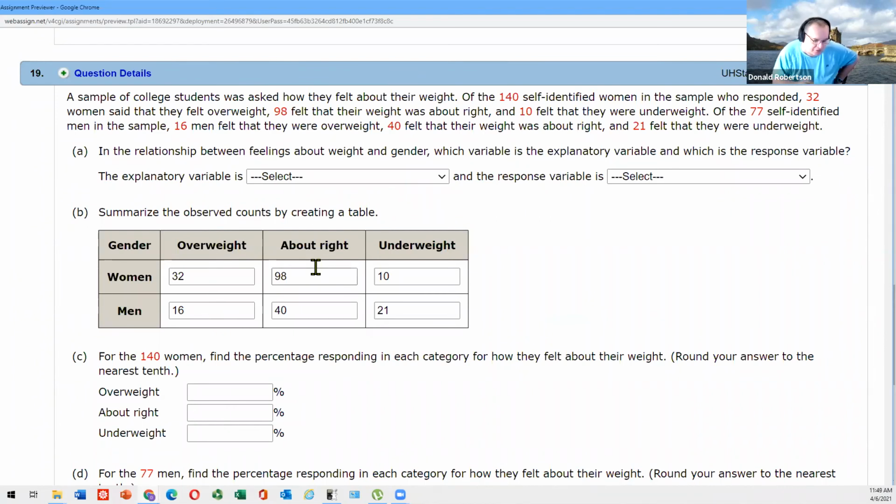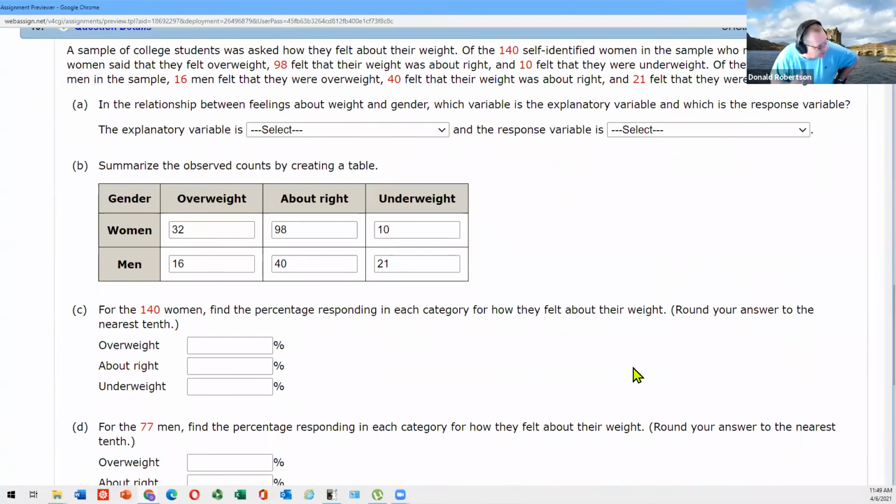The reason I need to is that there are a lot more women than men in this survey, so I have to factor that in. It would be better to find out what percentage of women thought they were overweight, right, and underweight. That would make the comparison easier. But I can still make that comparison pretty easily.